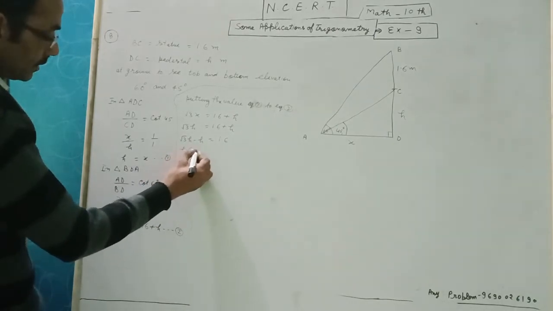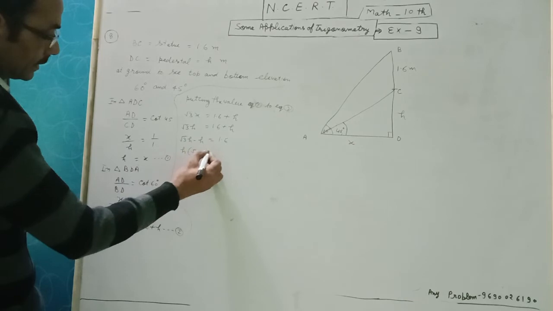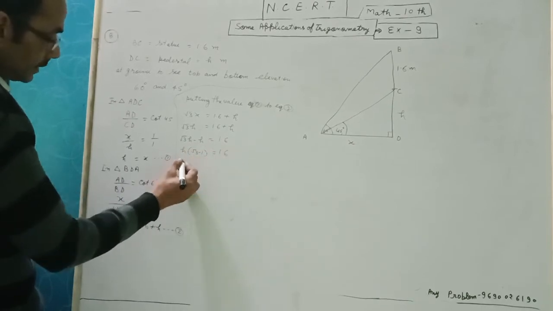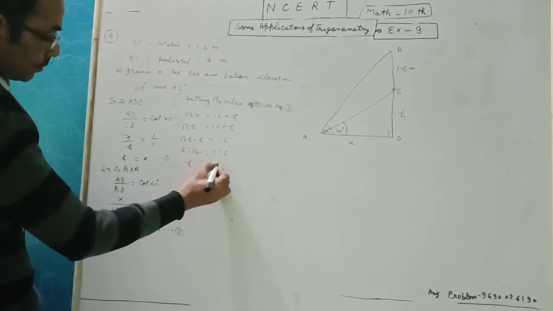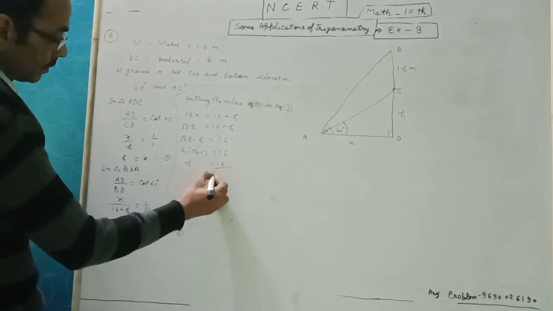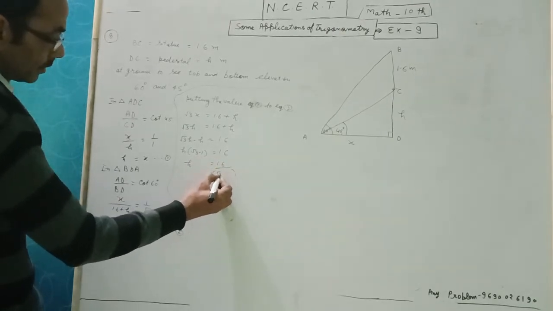After taking common, H times under root 3 minus 1 is equal to 1.6. H is equal to 1.6 upon under root 3 minus 1.